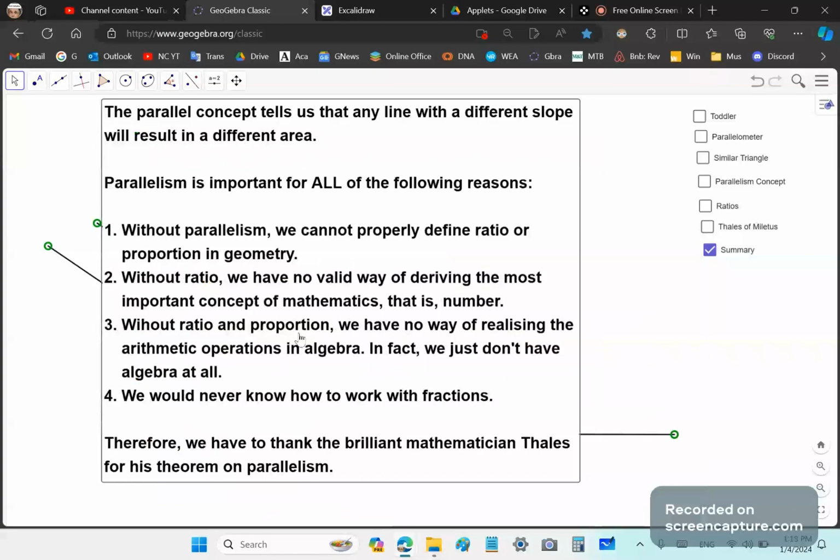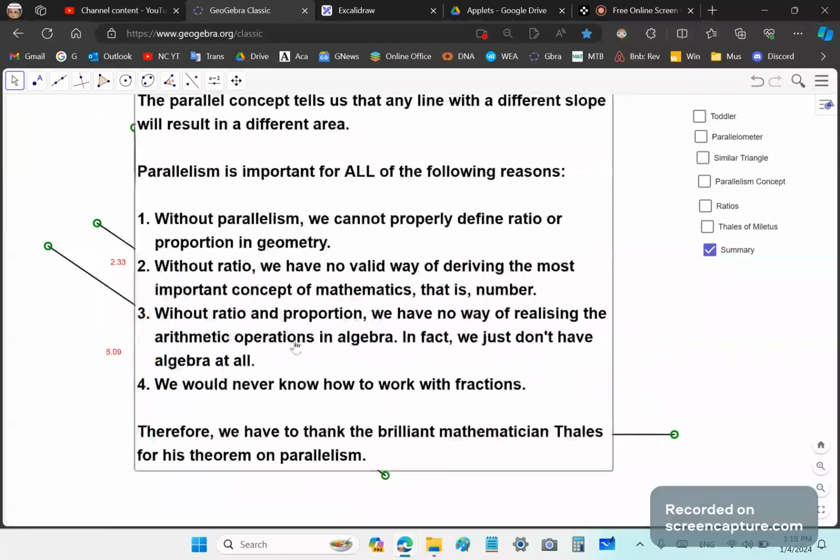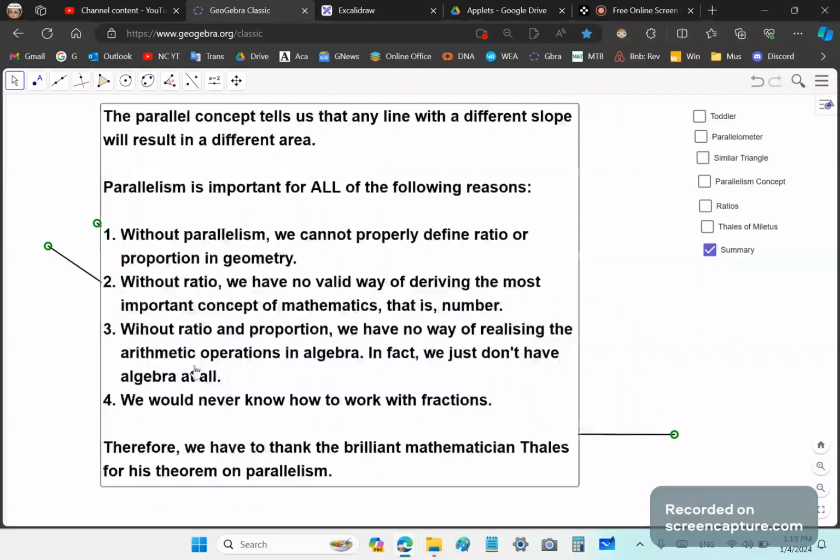That's one of the things that allow you to manipulate an equation. It comes from proportion. And finally, we would never know how to work with fractions in algebra. So it's pretty serious. Therefore, we have to thank the brilliant Greek mathematician Thales for his theorem on parallelism.